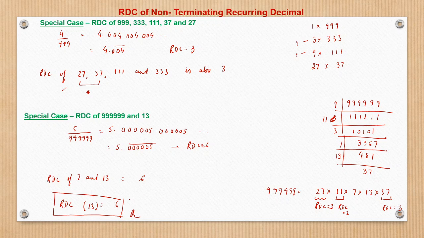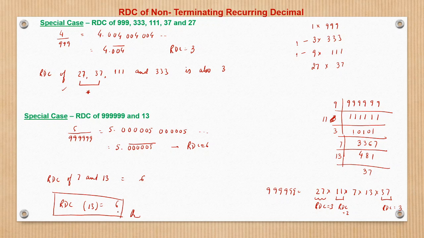So now, all the prime numbers generally which we see: 3, RDC will be 1; 9, RDC will be 1; then 11, RDC is 2 because it's a factor of 99. Then after that 13, we know RDC is 6. Then after that 17, there's no other thing, RDC will be P minus 1, which is 16.